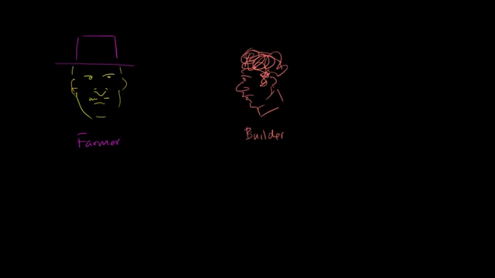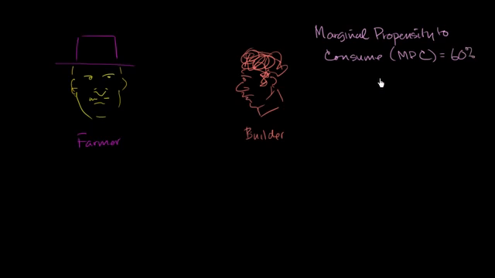And so what I'm going to do is introduce a formal word that really is just another way of saying that. In this economy, the marginal propensity to consume, which is often referred to as MPC, is equal to 60%, or 0.6.